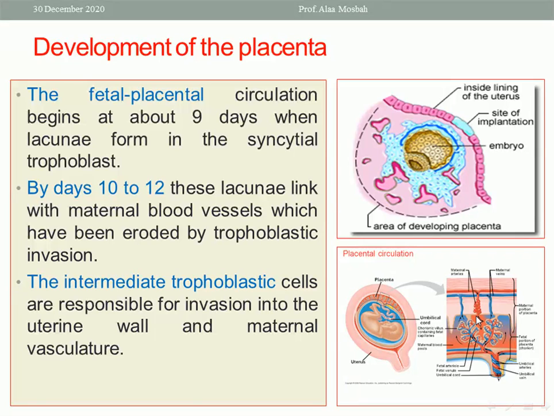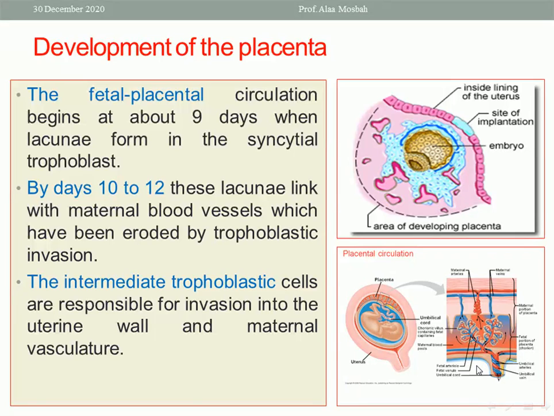So this intervillous space containing maternal blood coming from spiral arterioles, which are coming from the uterine artery, gives the oxygenated blood and the nutrition to the fetus, which will pass through the chorionic villi capillaries to reach the umbilical vein, which carries the oxygenated blood and the nutrition to the fetus.